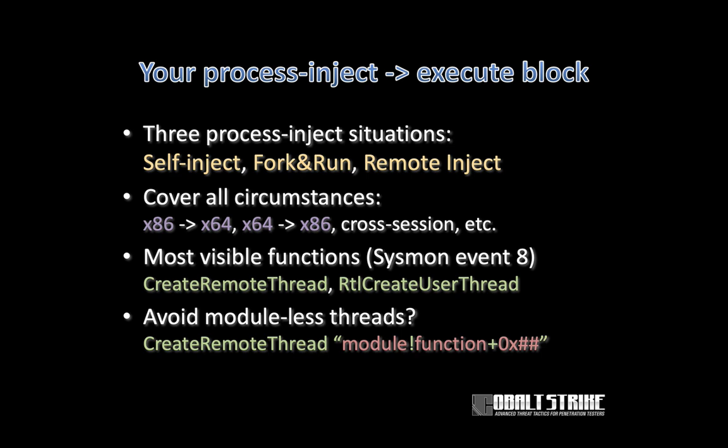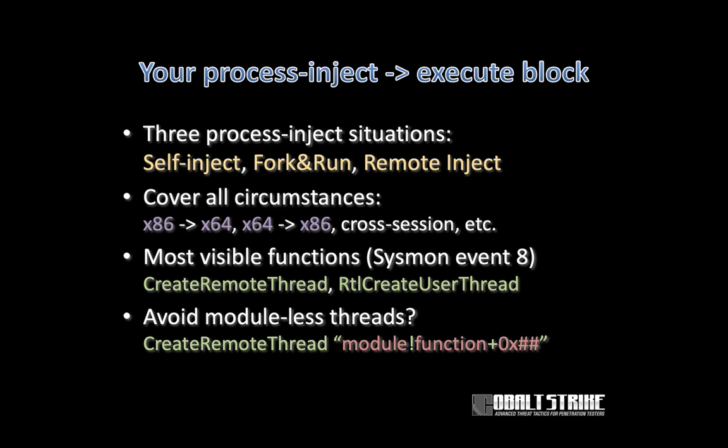Some functions are very visible. CreateRemoteThread and RtlCreateUserThread will fire Sysmon event 8. Also be aware that a point-in-time analysis technique to find potential injection is to look for threads that have a start address that is not backed by a module on disk.